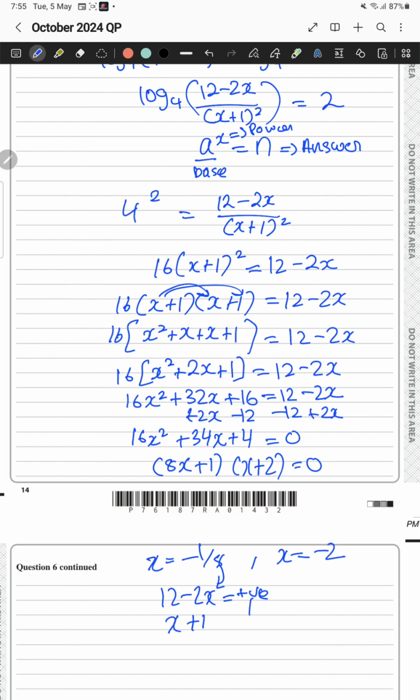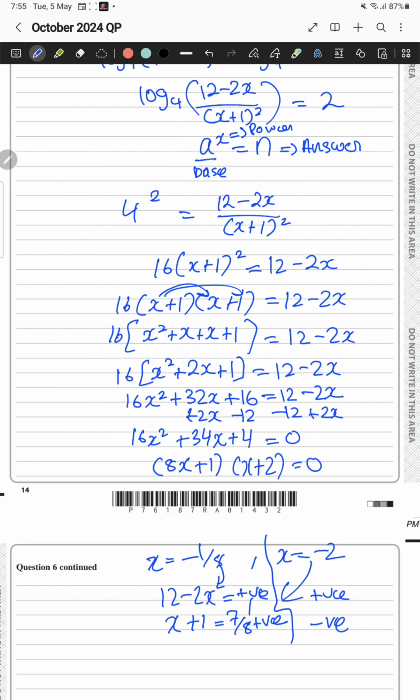Minus 1/8 plus 1 is going to give us 7/8, which is again positive. When I apply x equal to minus 2, 12 minus 2 times minus 2, I'm getting still a positive answer, and minus 2 plus 1 is negative.